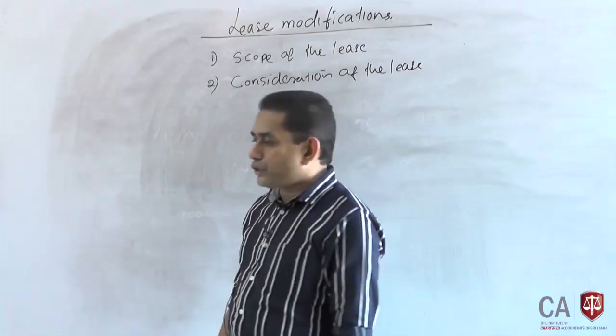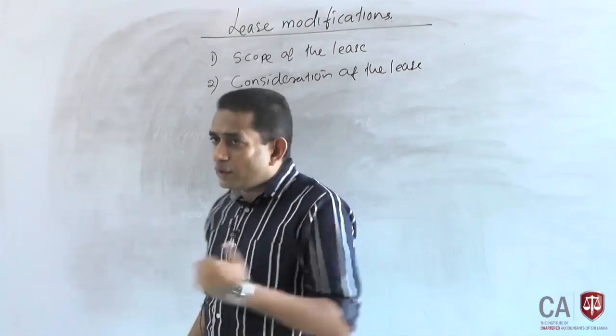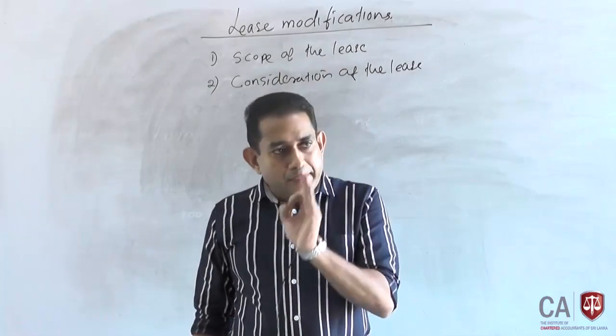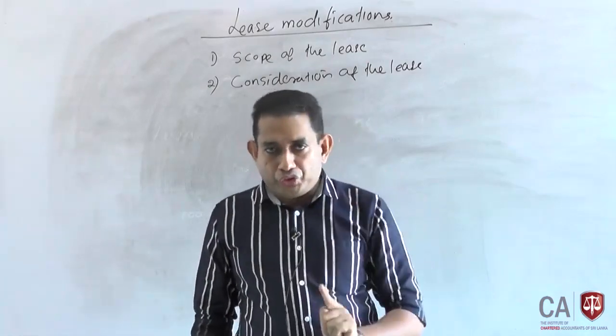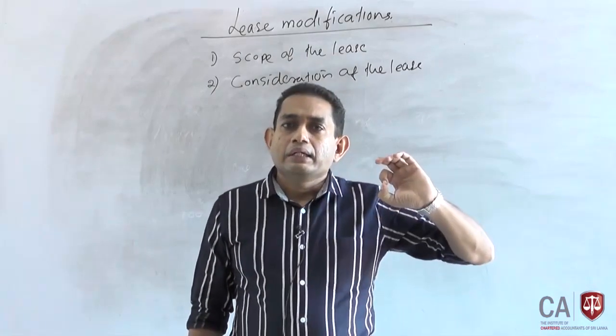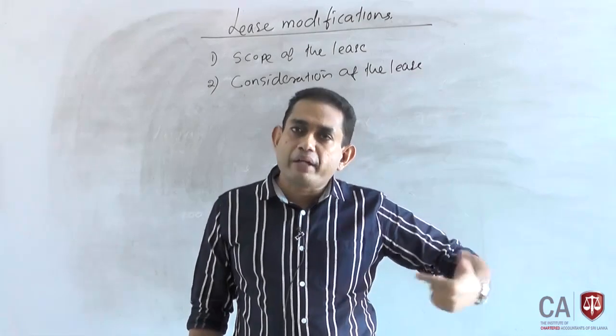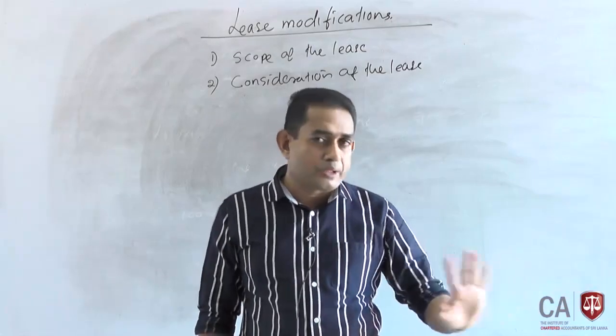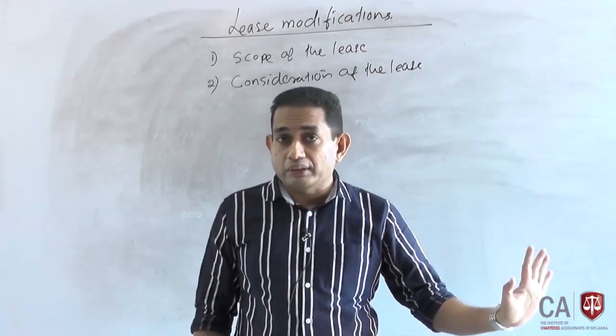Other consideration, it is not a variable consideration. Variable considerations are where you decide at the beginning to change the considerations depending on a market interest rate or price index or usage. No, that is variable considerations.